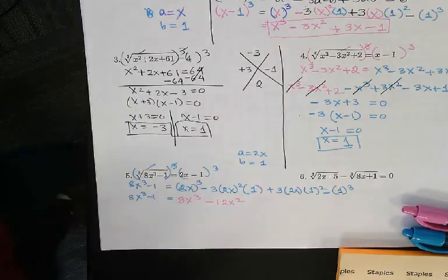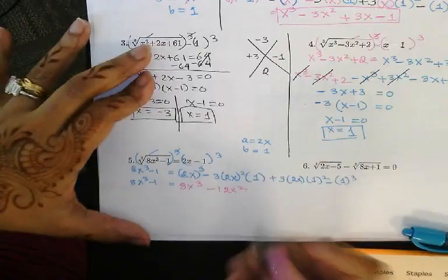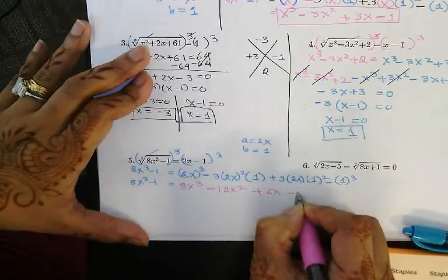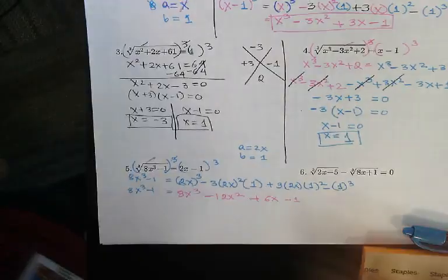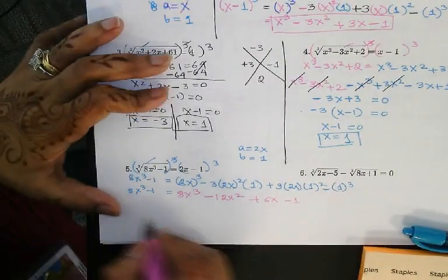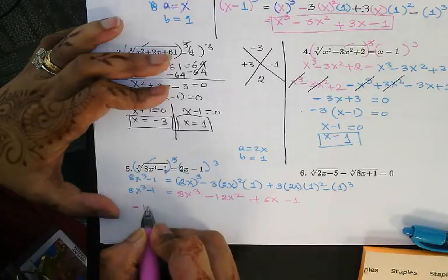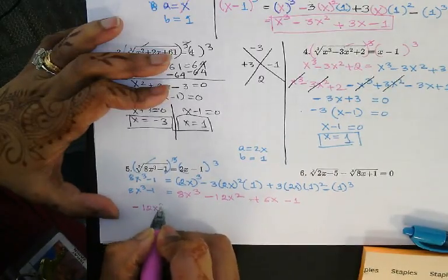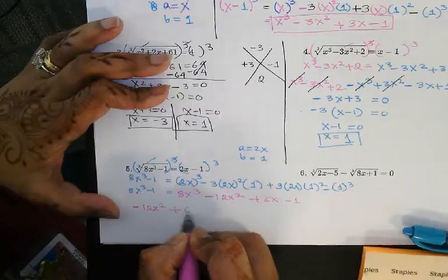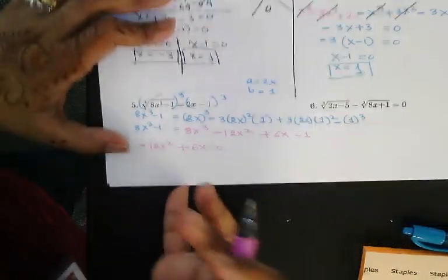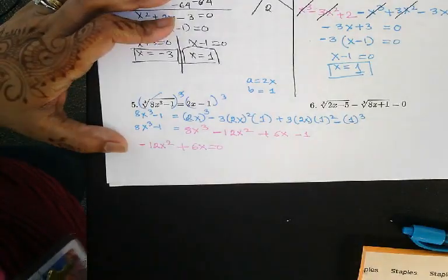All right. On this one, if I finish this one, it's 6x minus 1. So if you move everything on the left side, you will have negative 12x squared plus 6x is equal to 0. And then you take the GCF. Some of you got confused when you came up to here.